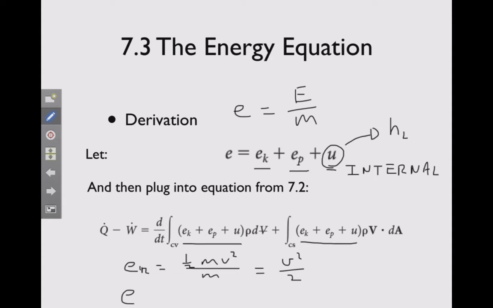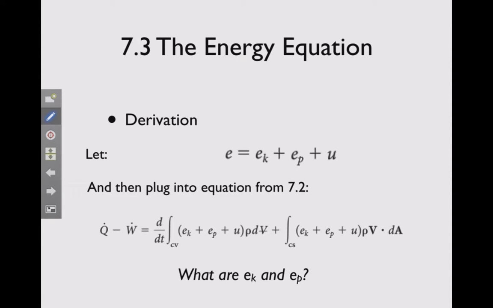And the potential energy is just mgz, where z is elevation and g is acceleration of gravity, and that divided by mass is just gz. So we have simple expressions for both of these terms, e sub k and e sub p.